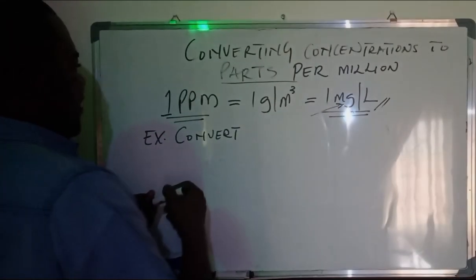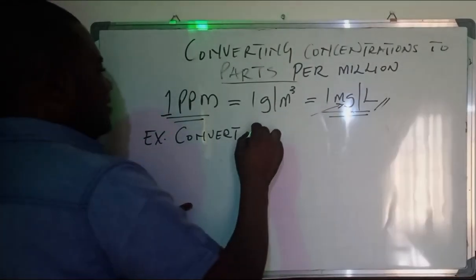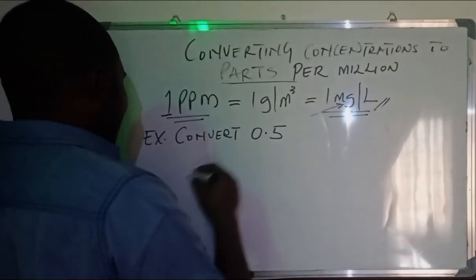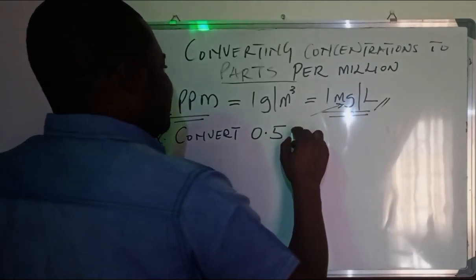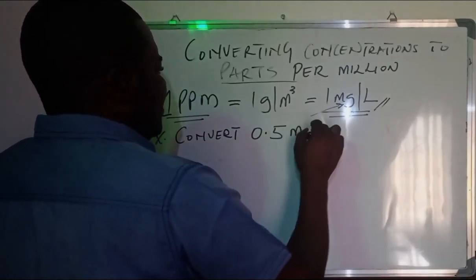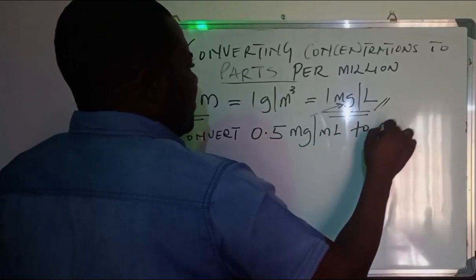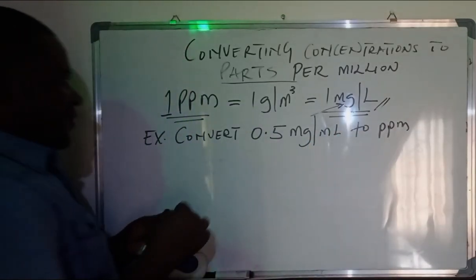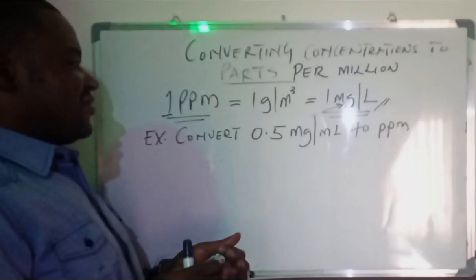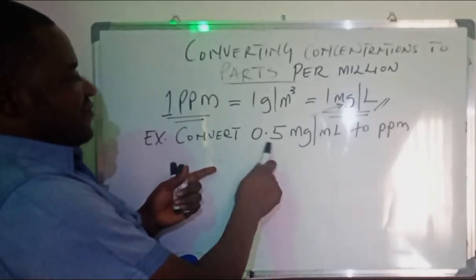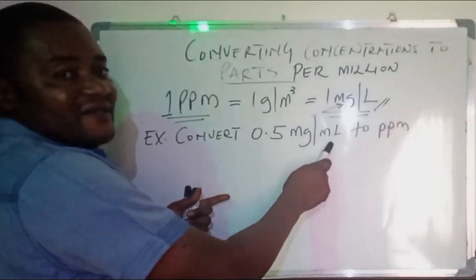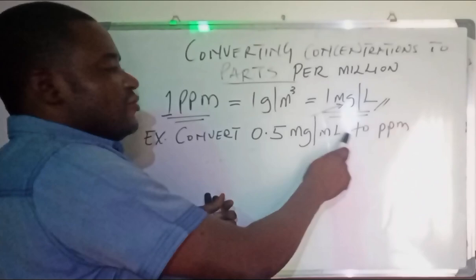Okay, now supposing we are asked to convert 0.5, let's say milligram per milliliter to parts per million. Now you can see this. We are asked to convert 0.5 milligram per milliliter to what?